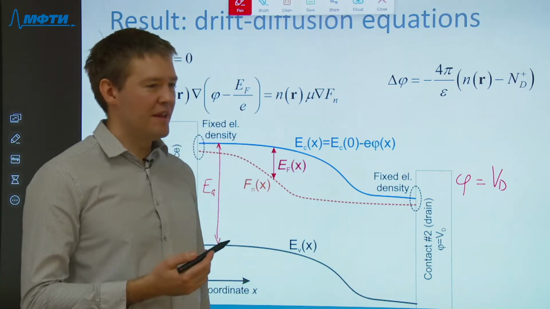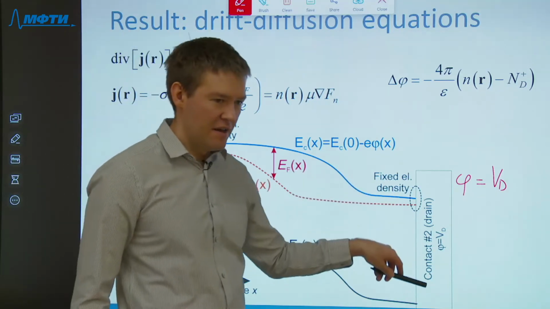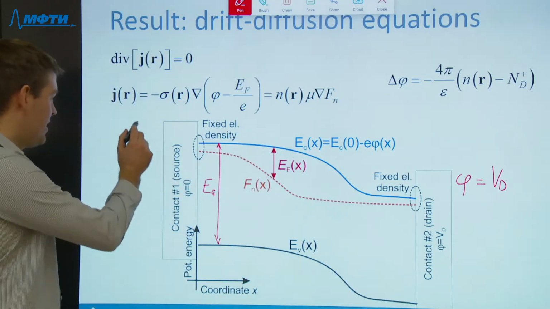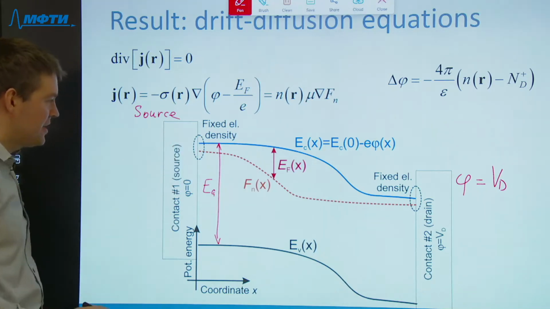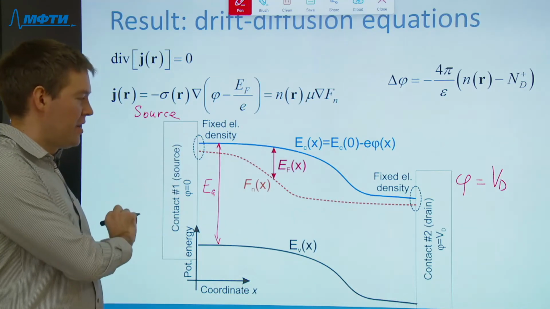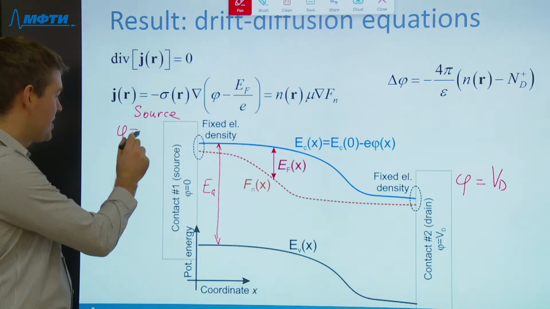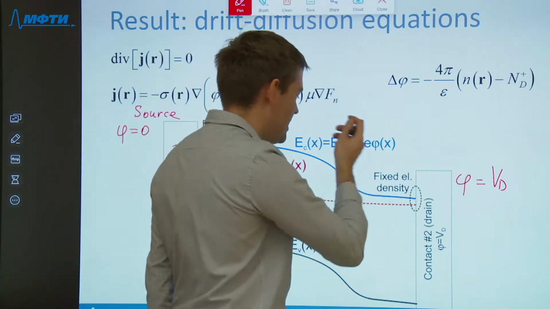Drain is the contact where the electrons leave the semiconductor sample, and the first contact that is typically shown on the left is the source. The source is where the electrons are emitted from. The potential of the source is typically taken to be 0, and the potential of the drain is typically denoted as Vd.